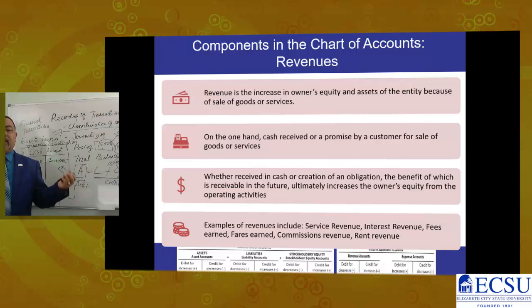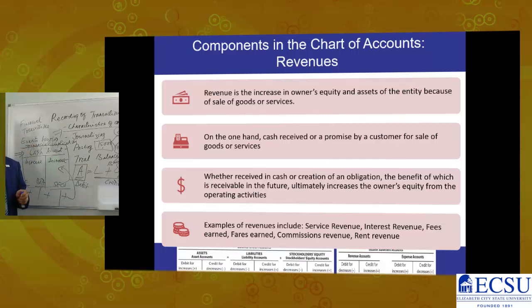On the one hand, cash received or a promise by a customer for sale of goods or services. If you sell goods for cash, that's cash. On the other hand, it is a credit. So whether received in cash or an obligation is created, the benefit of the receivable is in the future. Therefore, it ultimately increases the owner's equity from this operating activity.